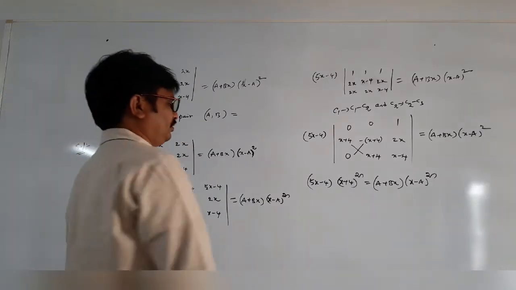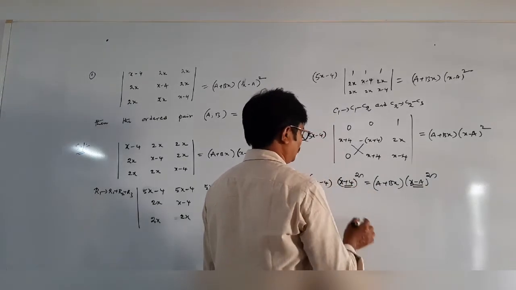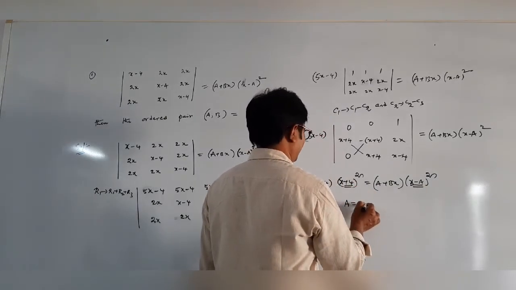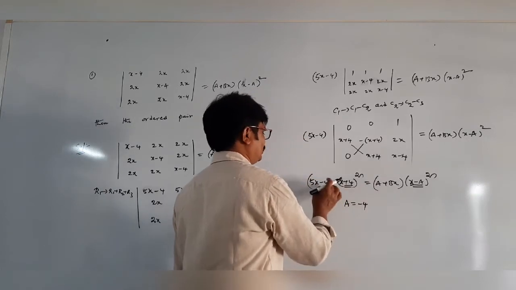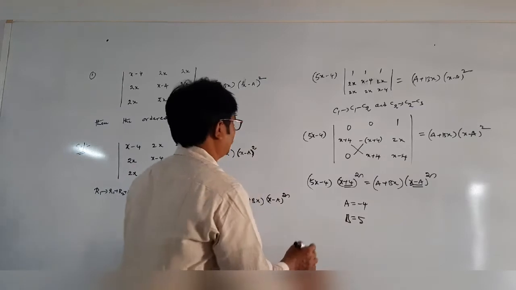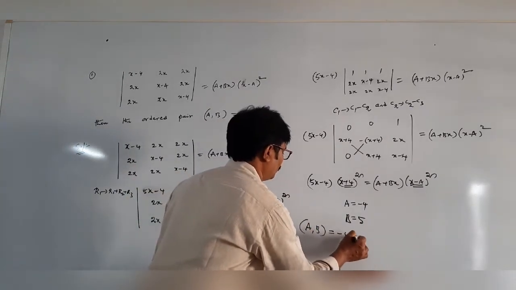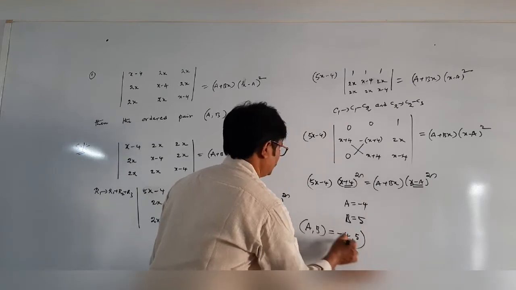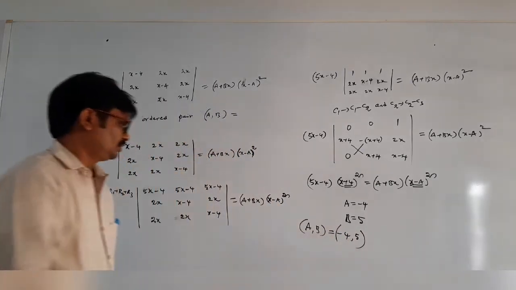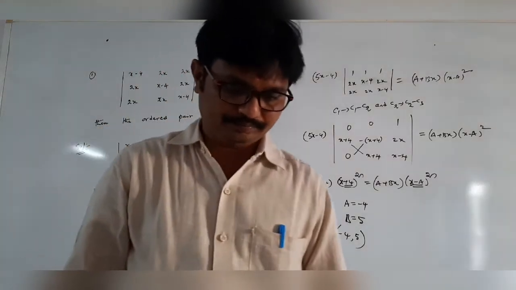We just have to compare with this one. The x minus a equal to x plus 4. Therefore, a equal to minus 4, and b is 5. Therefore, the ordered pair a comma b equals minus 4 comma 5. Is it clear? This is from JEE Mains 2018. Okay, students?